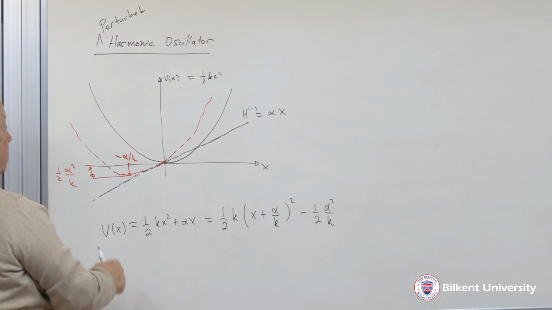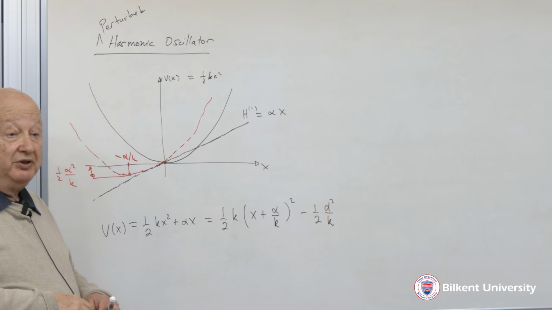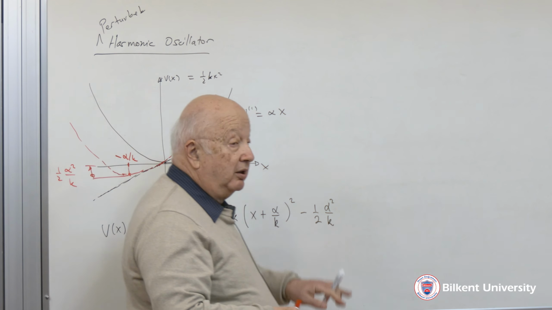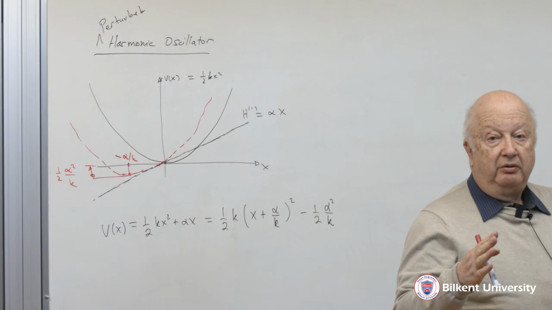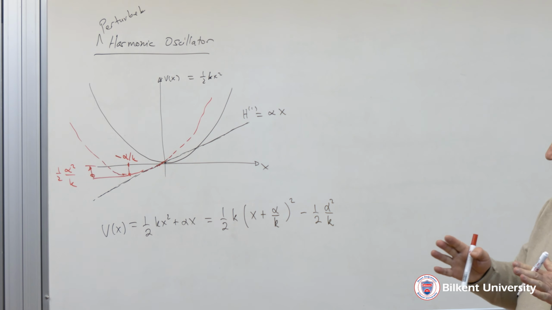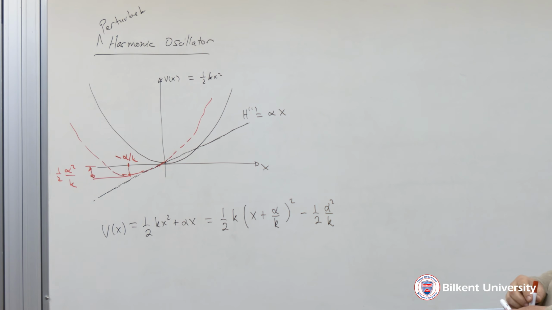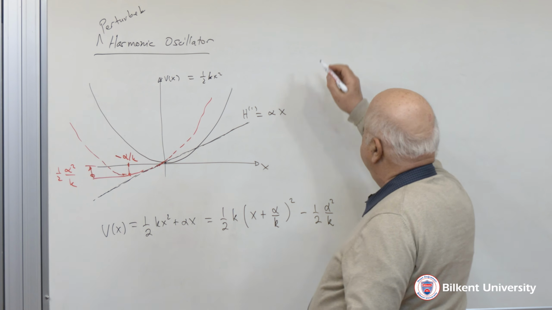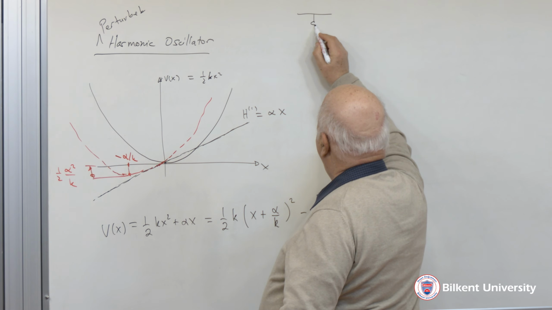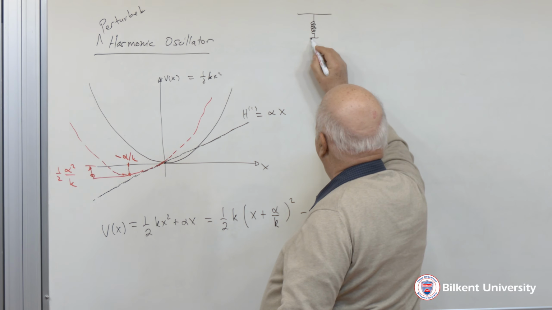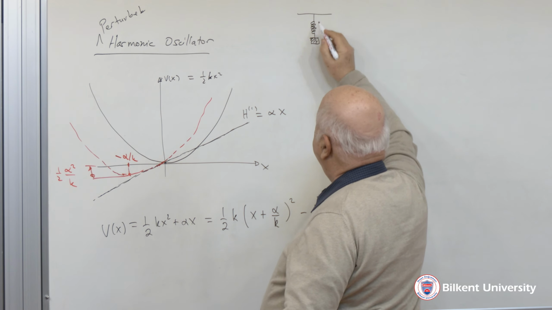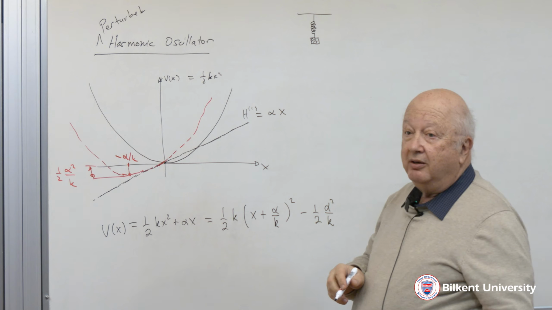So all of the energies will shift by alpha squared over k. The zero point of the oscillation will shift. It's just like these freshman problems when you have a mass and a spring, and you hang a mass from a spring from the ceiling. What happens?